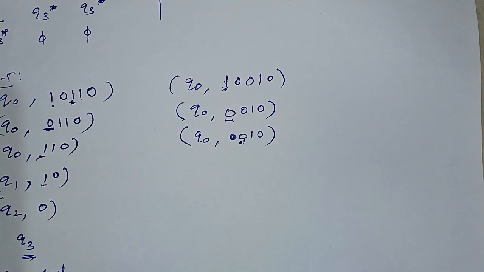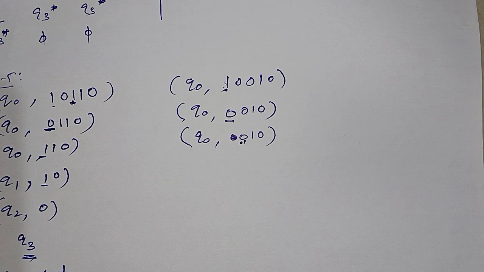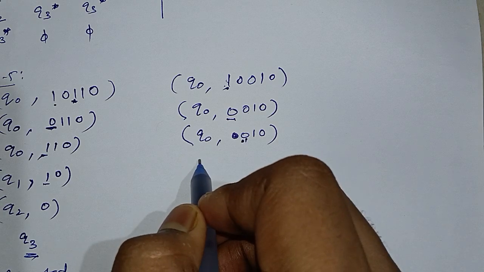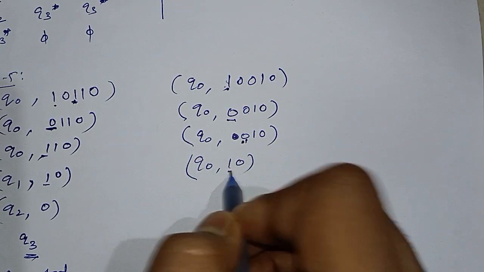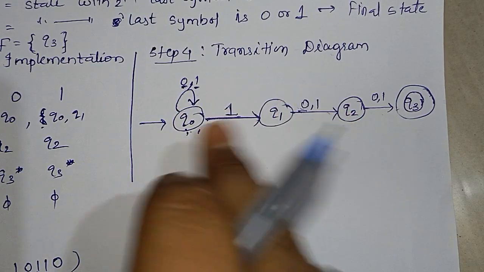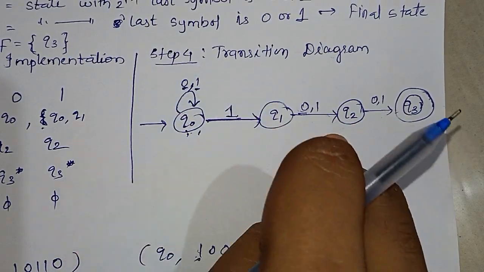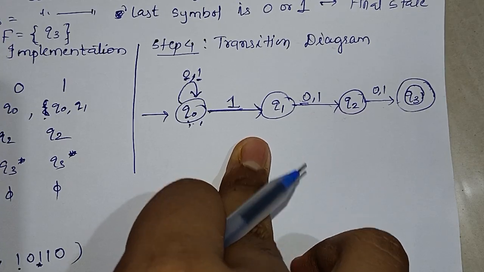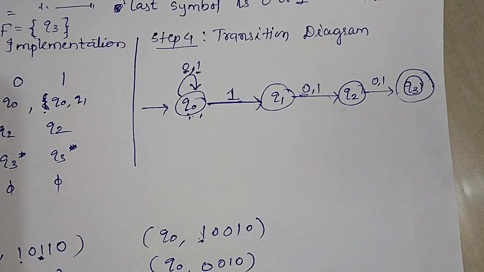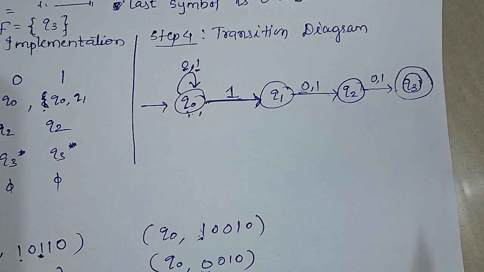Since it is the third last symbol but if the Q0 state gets 0, there will be no transition to Q1. That's why it stays on the same state. Next is 1. As you can see, in Q0 there are two transitions on 1, but this transition applies only if the third last symbol is 1.